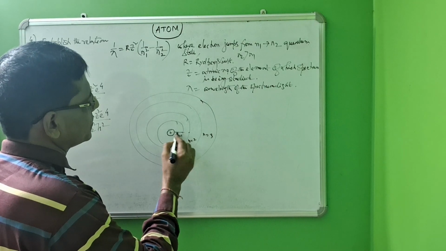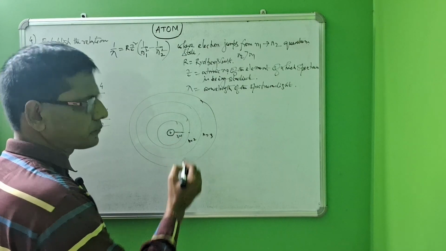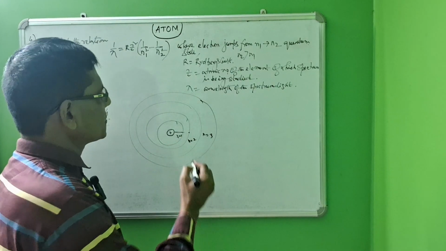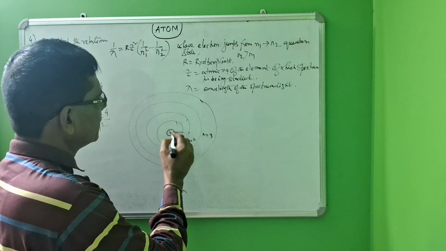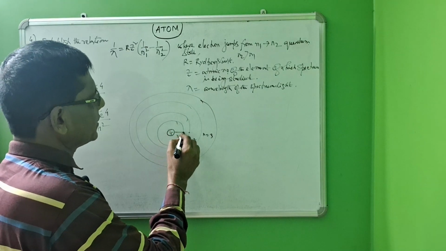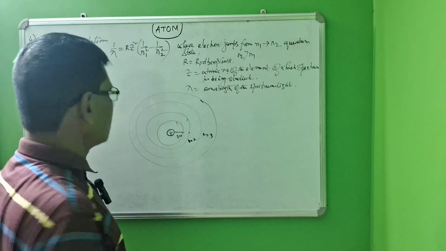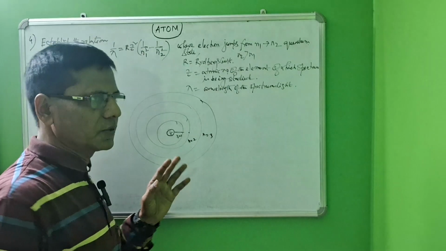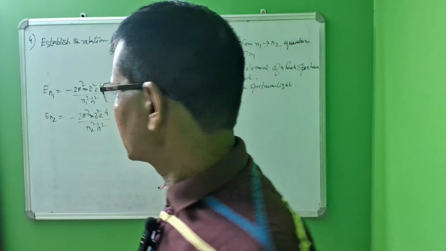So this is at a distance from n equals 1 to n equals 2. So the force of attraction by the positive nucleus on the electron will be less than this, in this way. Why the negative sign? The negative sign is because between the electron and the nucleus there is a force of attraction.